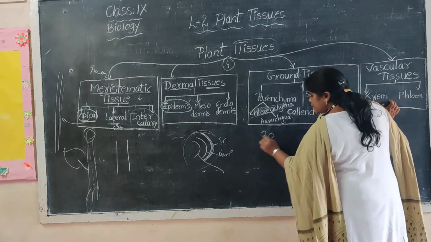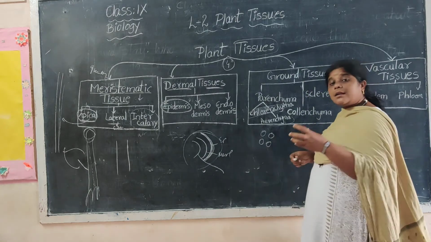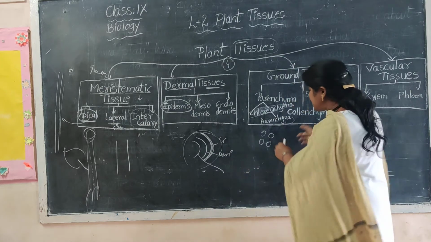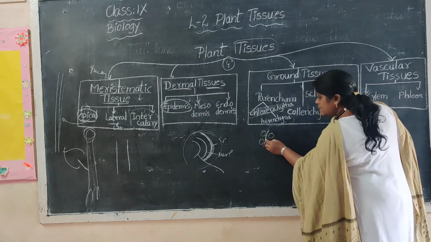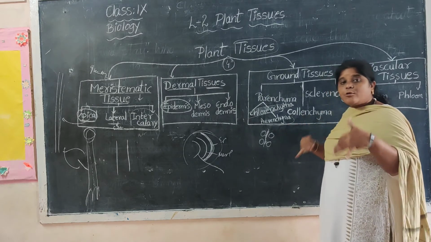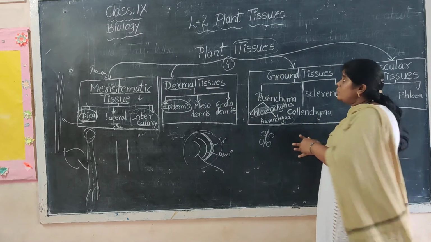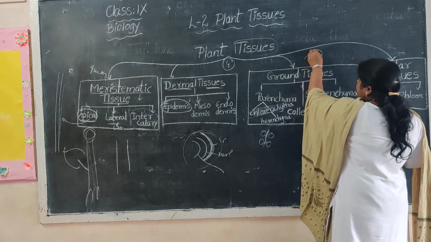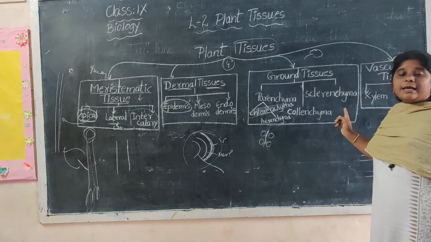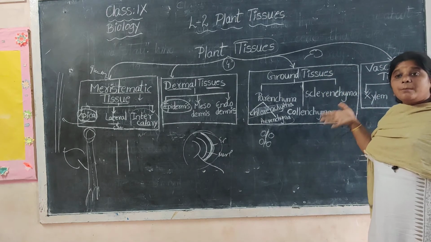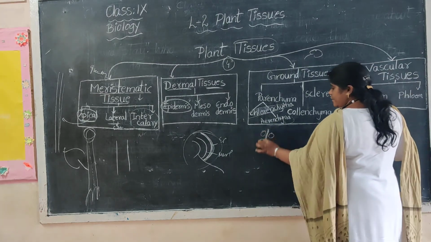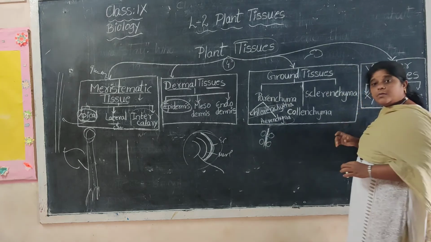Few plants live as aquatic plants, meaning living in water. In their cells, the intercellular space should be filled with what? Air, so that they don't have respiratory problems. If the plant is living on land, it will have stomata, and through the stomata, air will enter the plant for respiration. But the aquatic plants living in water are insulated with air.